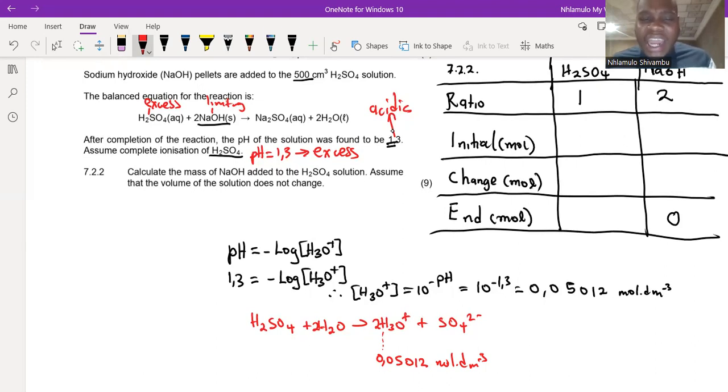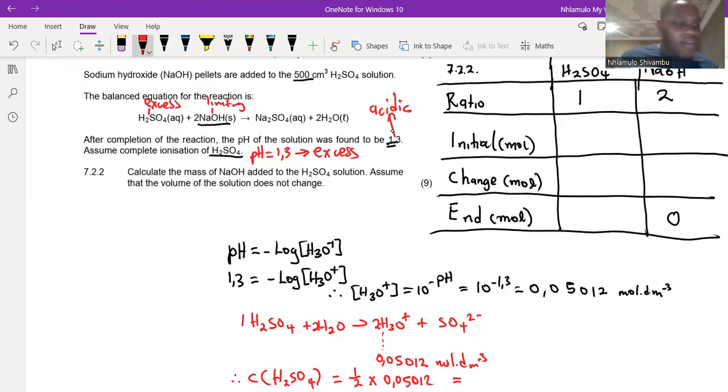We're going to use the ratio of the ionization equation. What is the ratio? It's 1:2. So therefore, the concentration of sulfuric acid is half the concentration of hydronium, because of the ratio of 1:2.